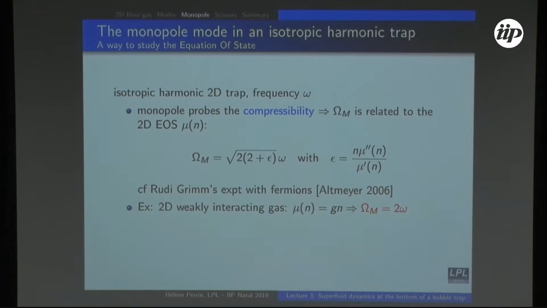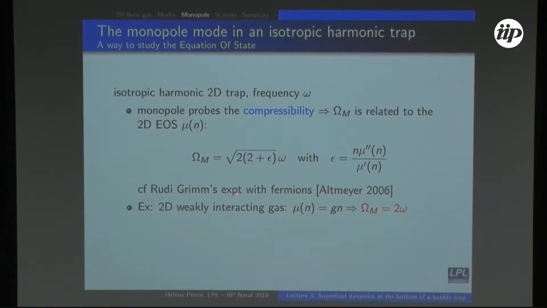And if I have an equation of state which is not just proportional, it gives me a correction to the frequency of the monopole, so it's not 2 omega anymore, but this correction is proportional to the way the chemical potential depends on the density. So it will give me, with my gamma, a gamma minus 1 term for the epsilon.